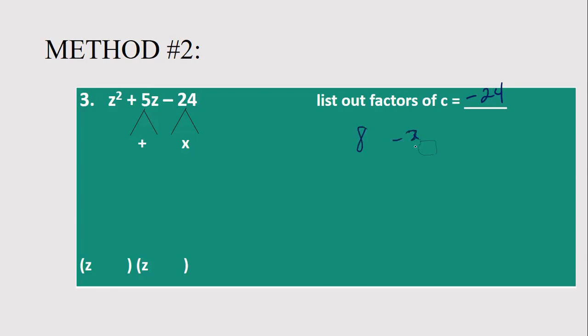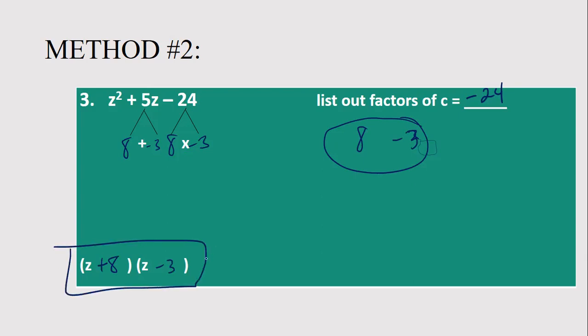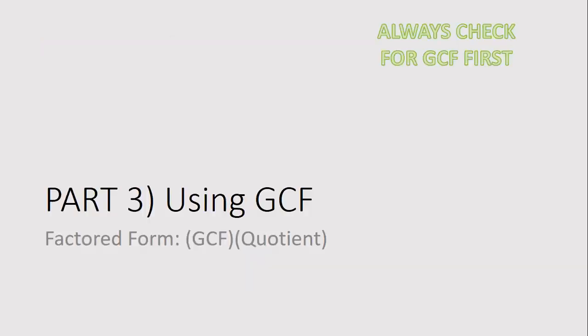Now, you had a lot of options for this one, like 8 options, right? And out of the 8, this one was the winner because 8 times negative 3 is negative 24 and 8 plus negative 3 is positive 5. And again, if I couldn't do it, what do I need to do? FOIL.